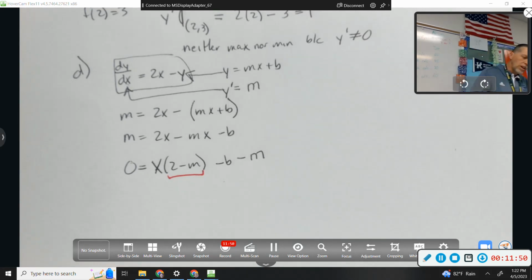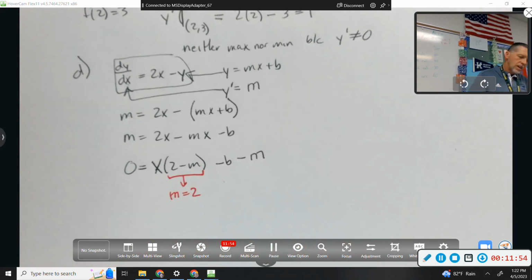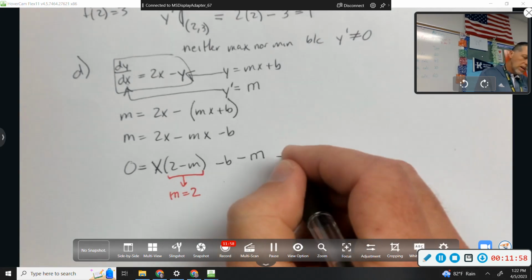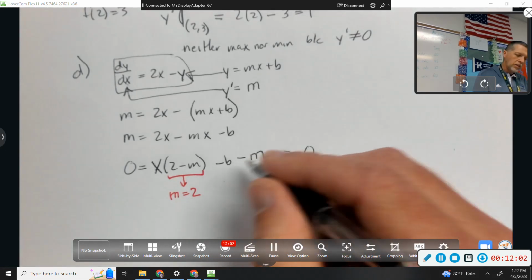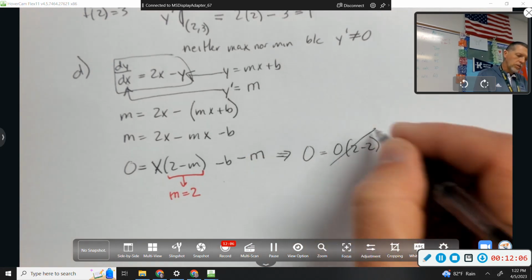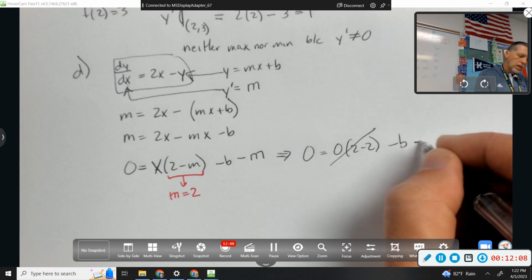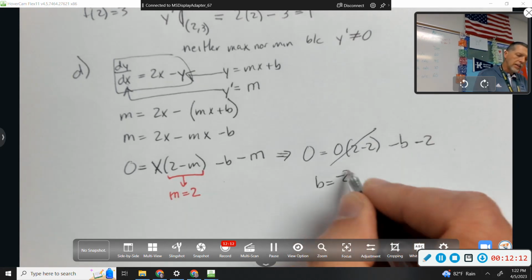So m is going to equal 2. And then if m equals 2, b has to be... wait, negative 2. 2 minus 2, so that goes away. Minus b minus 2. It has to be negative 2. So b would need to be negative 2.